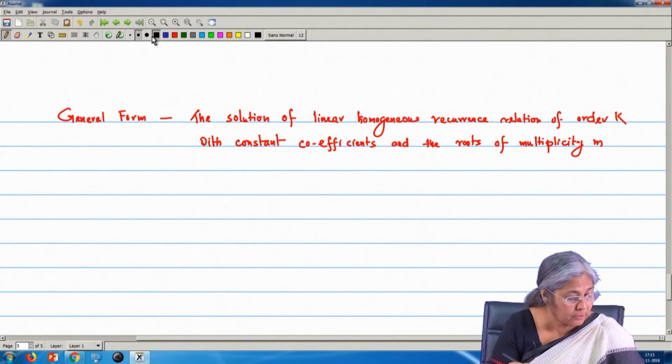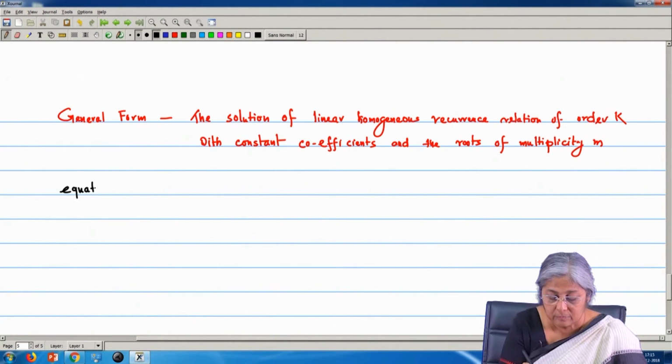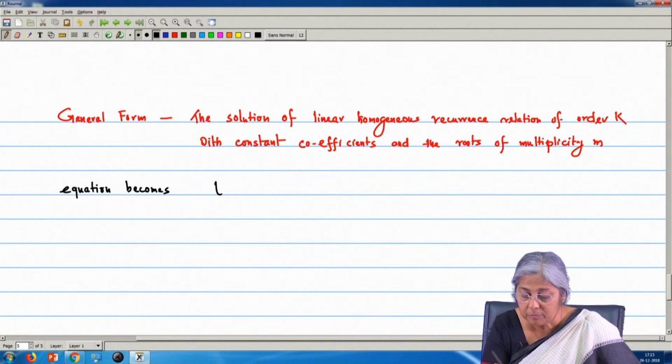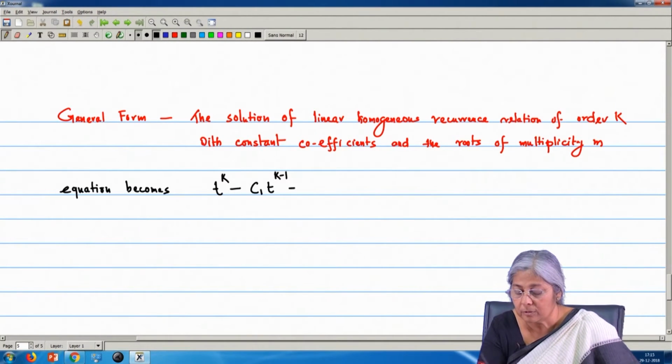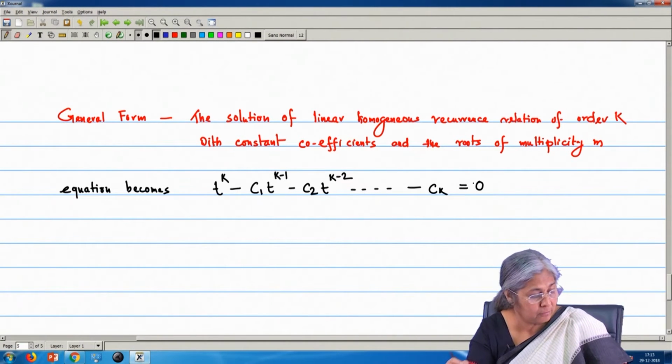Now I can write that my equation becomes t to the power k, because it is of order k, minus C 1 t to the power k minus 1 minus C 2 t to the power k minus 2 minus C k equal to 0.